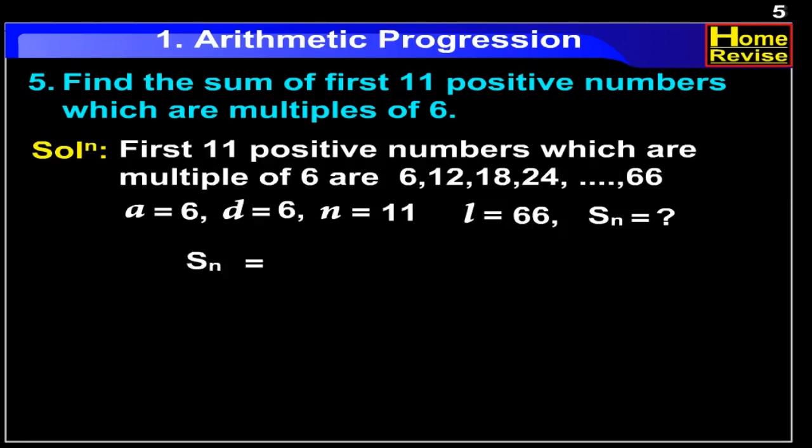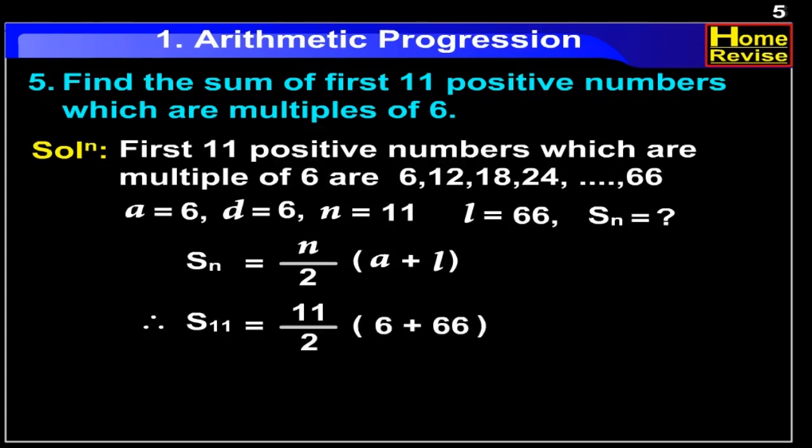Therefore, Sn is equal to n upon 2 into in bracket A plus L. Now, substituting the values, we have S11 is equal to 11 upon 2 into 6 plus 66.